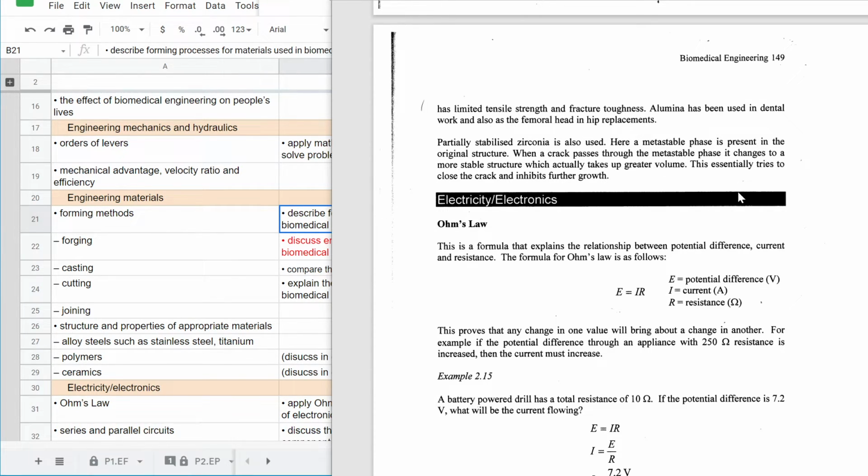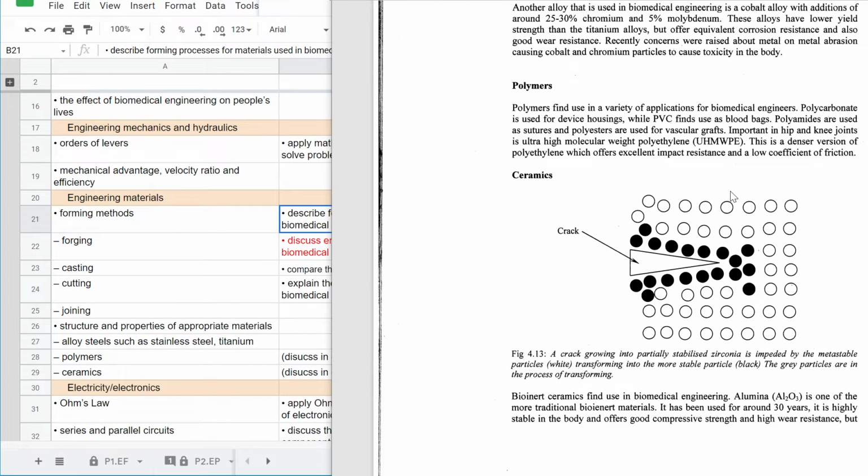So what happens with zirconia is, the example is we can take a cup of tea, and if you heat up a cup of tea in the microwave, you can actually get to the point where the internal temperature is greater than 100 degrees. Now, ordinarily, if you boil water and you get it to over 100 degrees, it will begin a phase transformation and it will start to become gas.